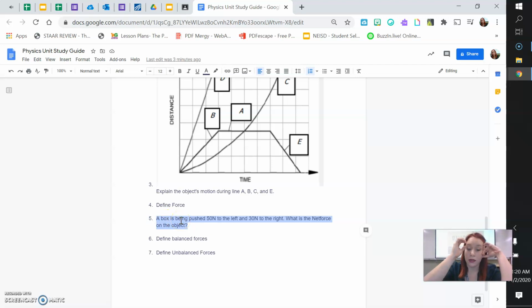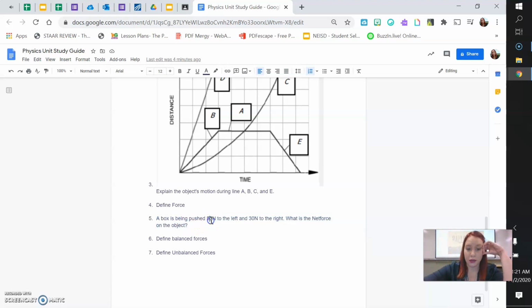A box is being pushed 50 newtons to the left and 30 newtons to the right. What is the net force on the object? So one force is working to the left, the other force is working to the right, so they're moving in opposite directions. And I say that opposites always subtract. So this is a subtraction problem.